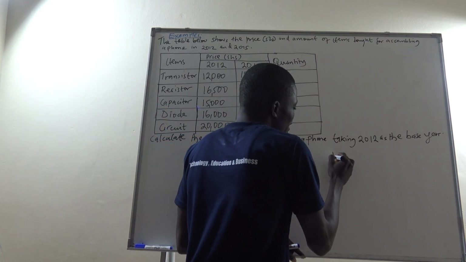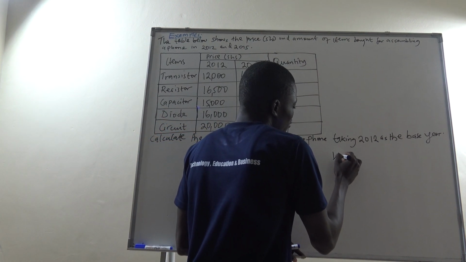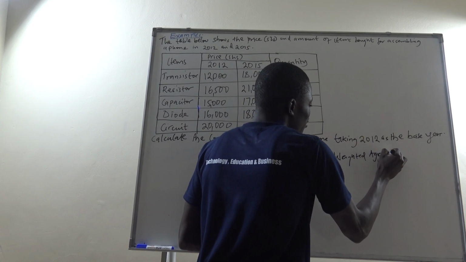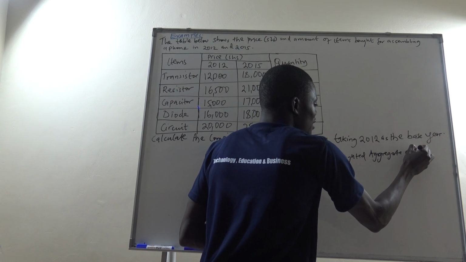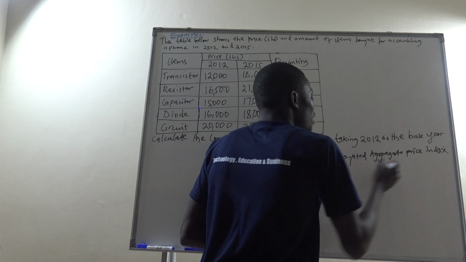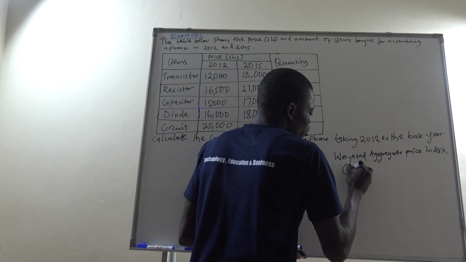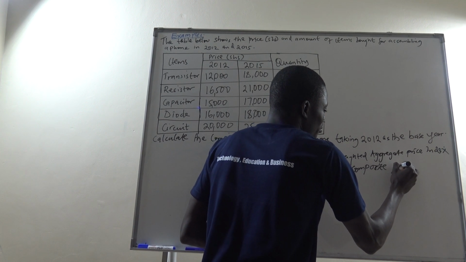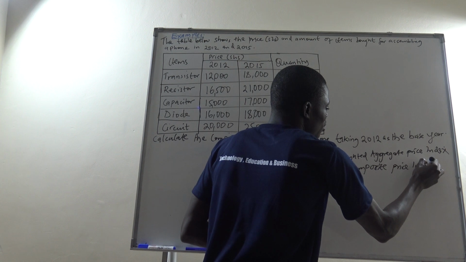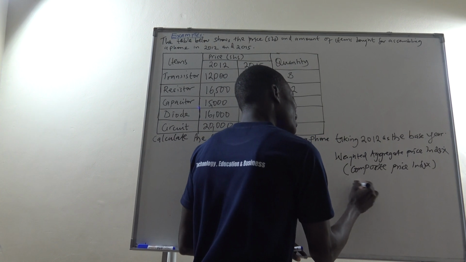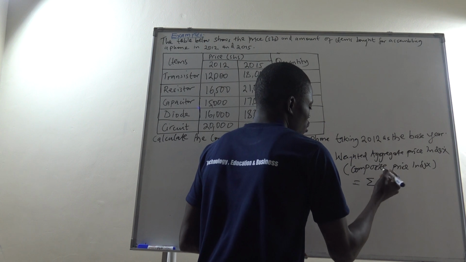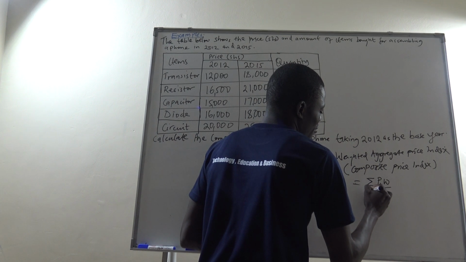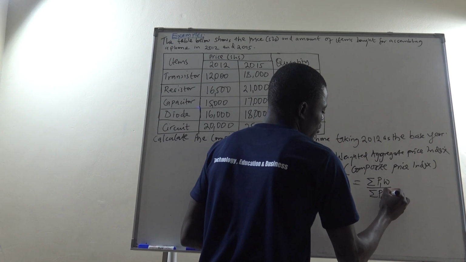We said our weighted aggregate price index, which is also the same as composite price index, is given by the summation of P1 times the weight out of summation of P0 times the weight.